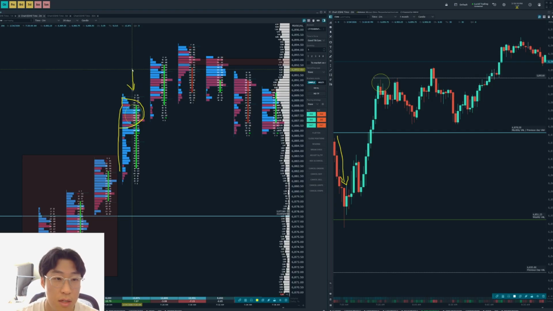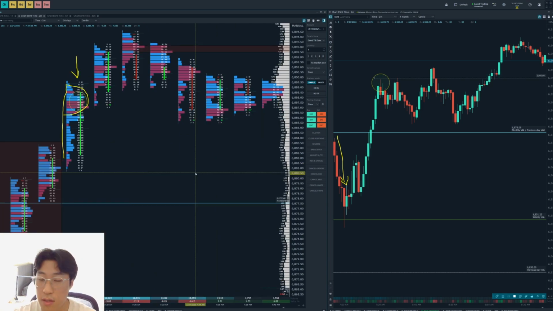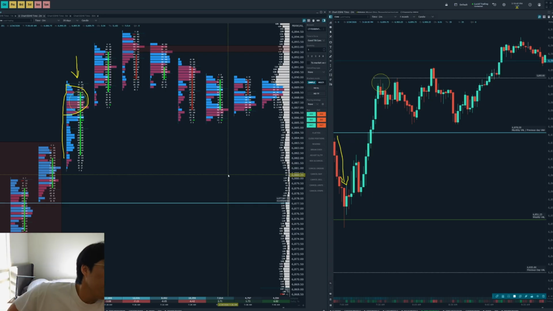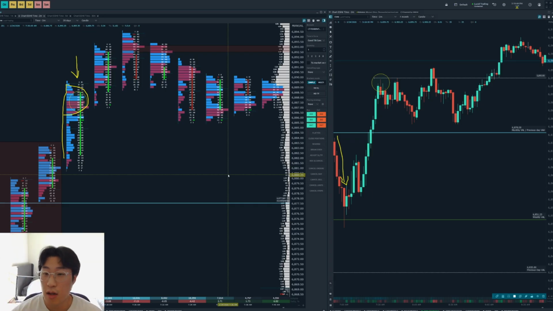This candle can pose as exhaustion more than a breakout. So being able to differentiate that is very important for me moving forward in my trading journey. Yeah, so those were the two lessons that I took from today.